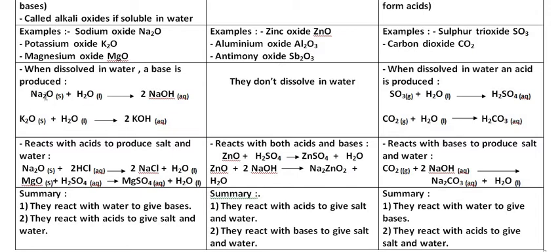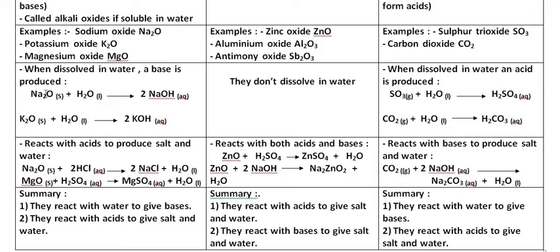When a basic oxide such as sodium oxide reacts with water, it forms a base, but sulfur trioxide reacts with water to form an acid, and so this is called an acidic oxide, but this is called a basic oxide.